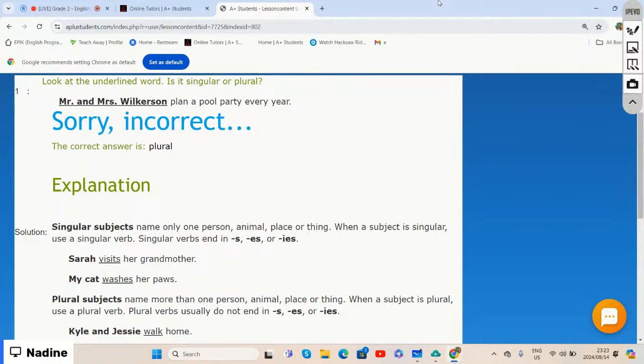So Mr. and Mrs. Wilkinson plan a pool party every year. Is that singular or is it a plural subject? Mr. and Mrs. Wilkinson.